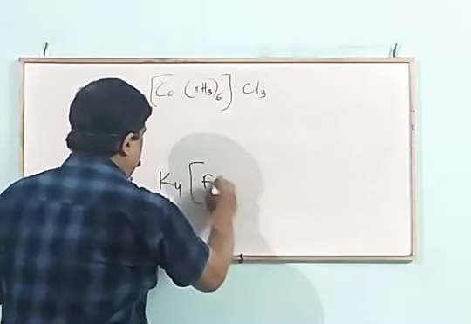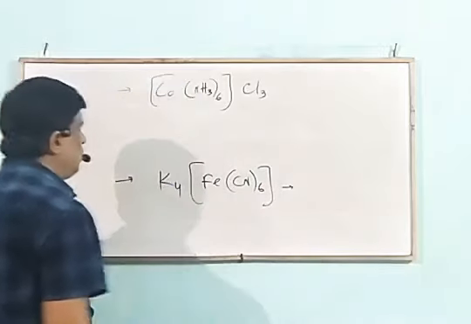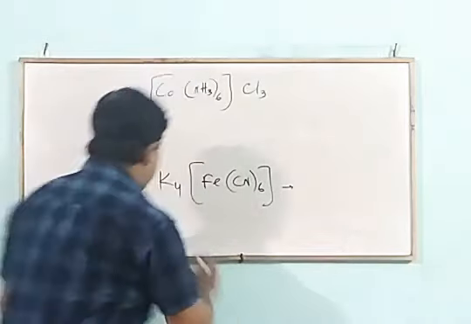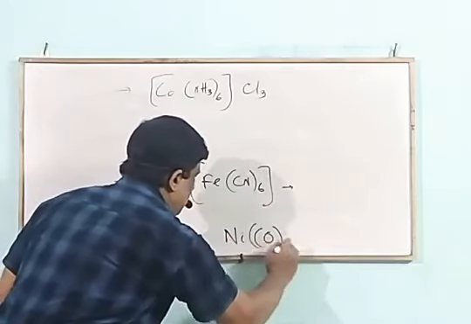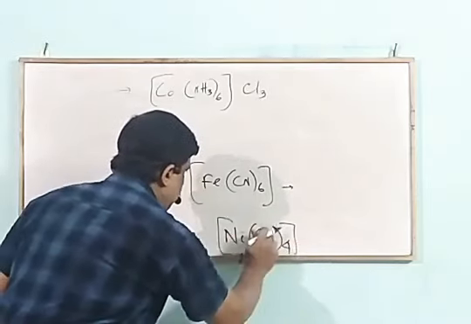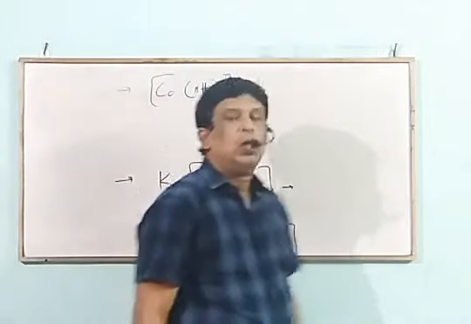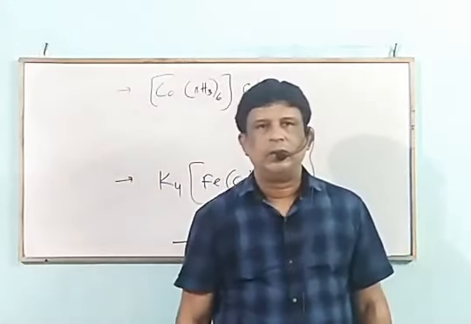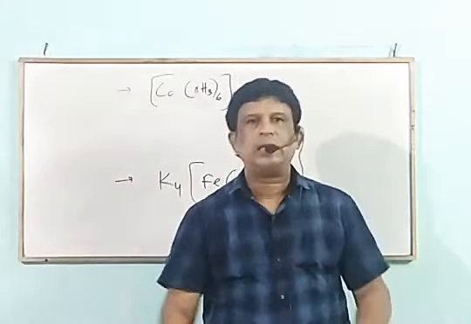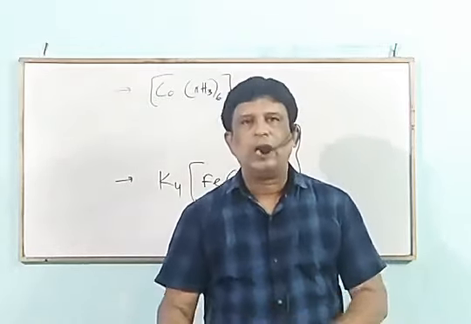K4[Fe(CN)6] is another complex. And we have another one also, Ni(CO)4. Mark that. From these three examples, it is clear that complex compounds or coordination compounds are of three types. One is cationic complex, one is anionic complex, one is neutral complex.